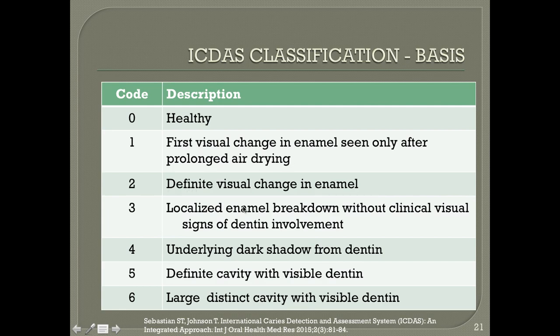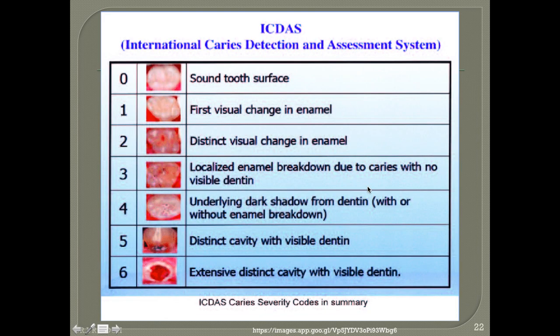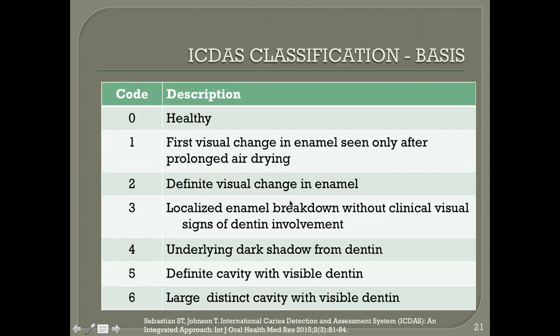Then 2 is definite visual change in enamel, 3 is localized enamel breakdown without clinical visual signs of dentin involvement, and 4 is underlying dark shadow of dentin.